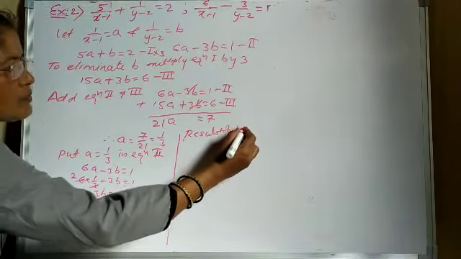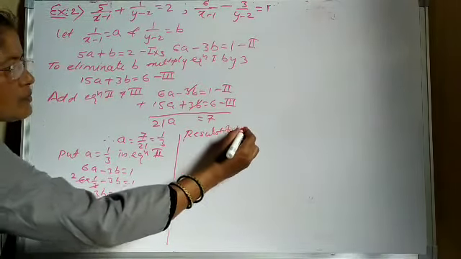So what did you take at the beginning? a is 1 upon x minus 2. So 1 upon x minus 2 is equal to 2. Just transfer this one. 1 is equal to 2 in bracket x minus 2.